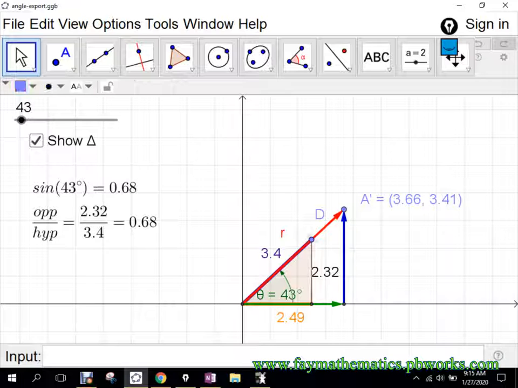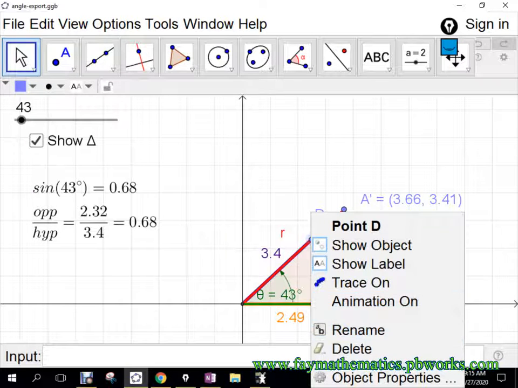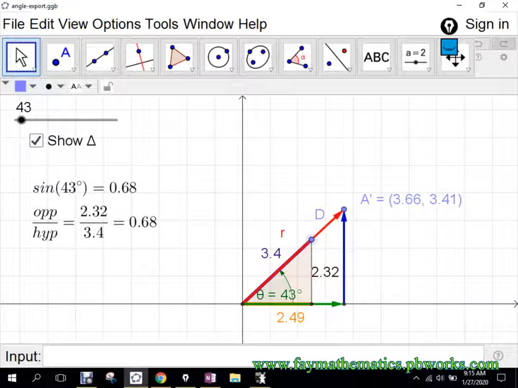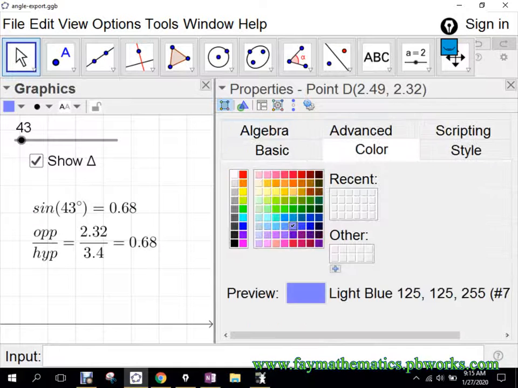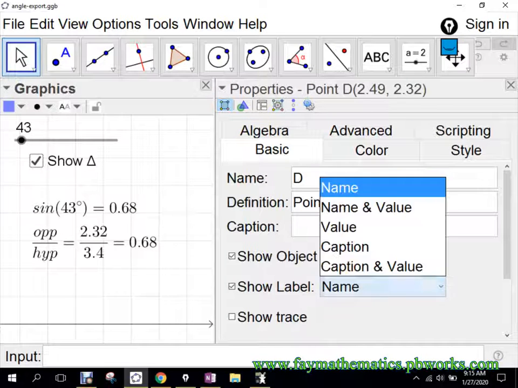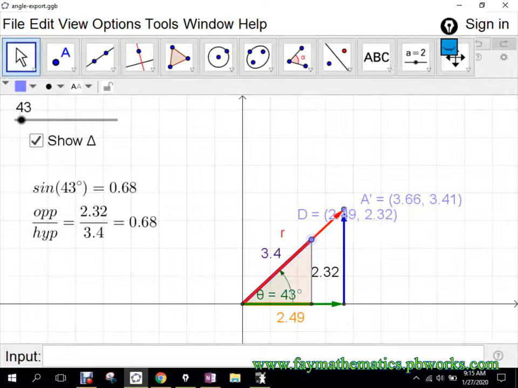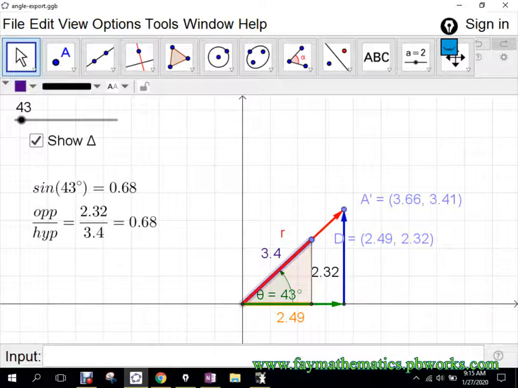So point D here would be the ordered pair. Let's show the name and value. So point D now, 2.32 is the y value, divided by the r value, which in this case would be that highlighted segment of 3.4. Divide that, does it still give me 0.68?